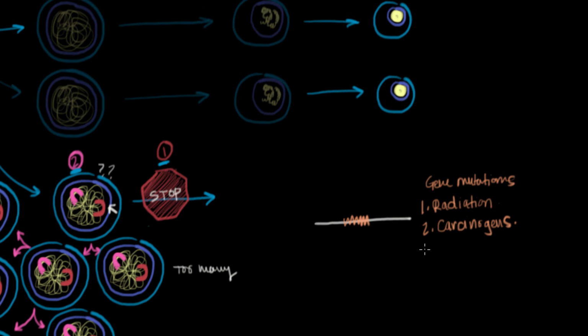A third thing that can lead to gene mutations that's really important in the case of leukemia is chromosome translocations. And a translocation is an error or a mistake that's made during cell division, where one part of a chromosome becomes shifted or translocated onto another chromosome. So something like that.